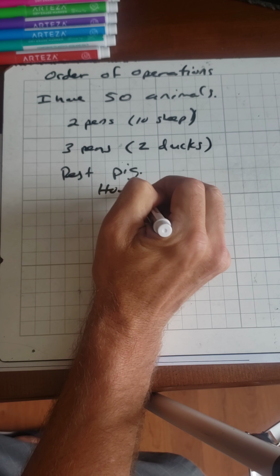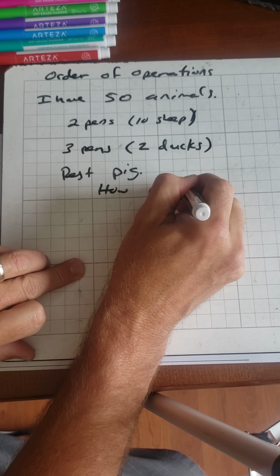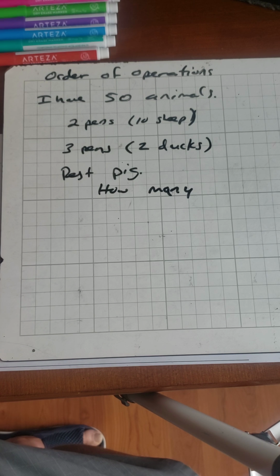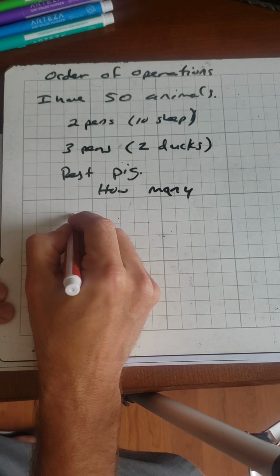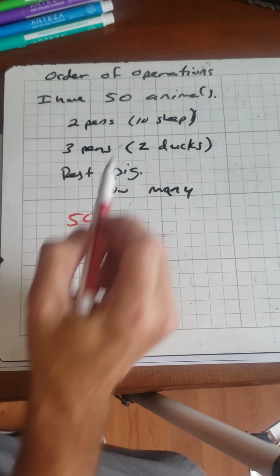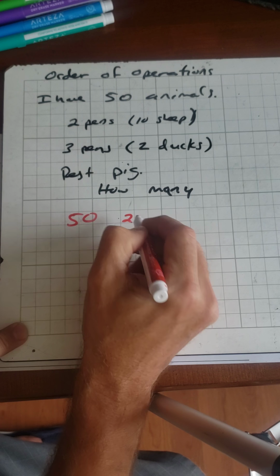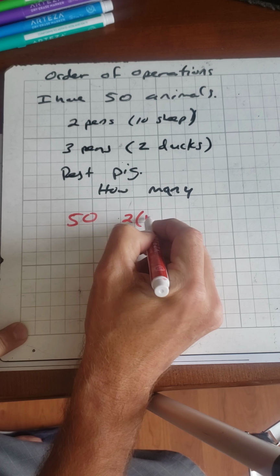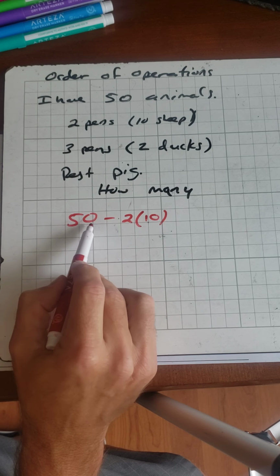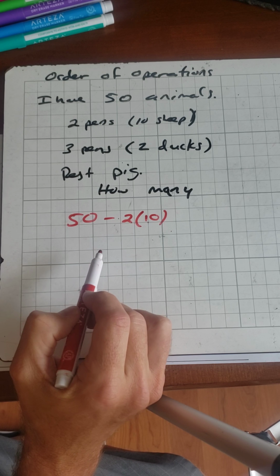All right. So if I were to write that out into a math problem, I would say, okay, well, I've got 50 animals, and some of them are sheep. And what I have is 2 groups of sheep, and in each group there are 10 of them. So then if I subtract those away from my 50, that'll tell me how many I have left.